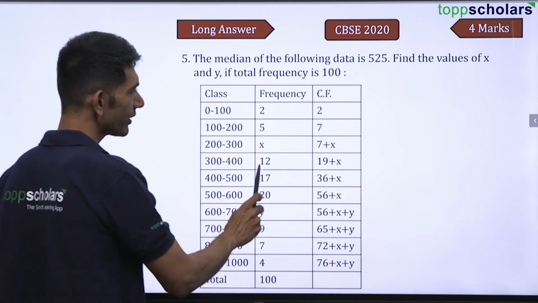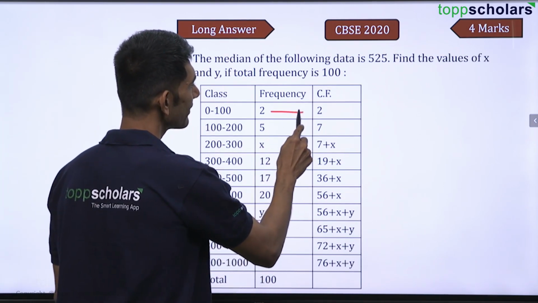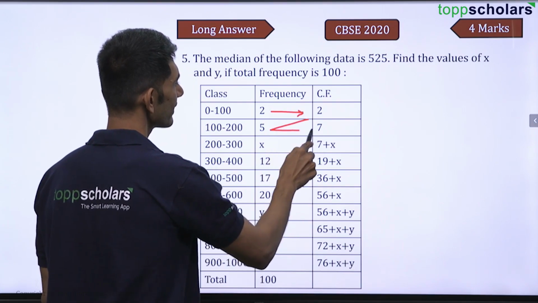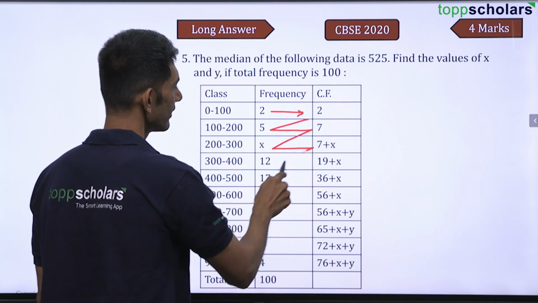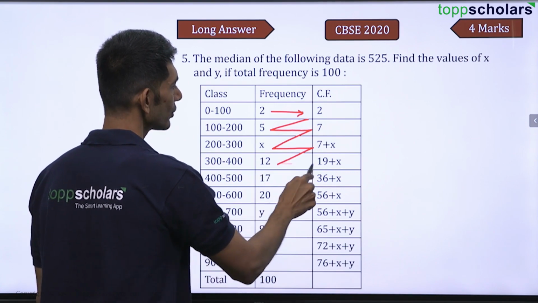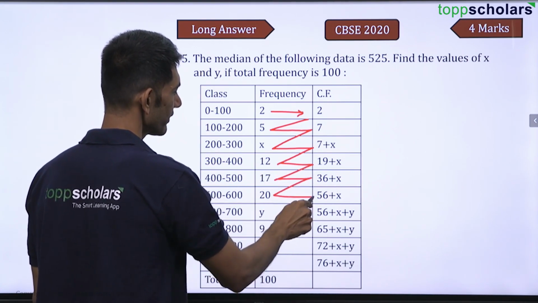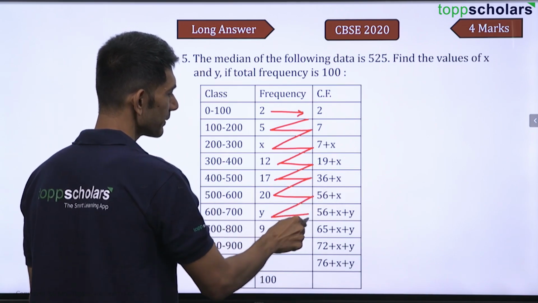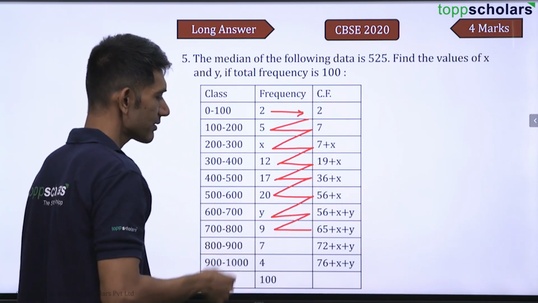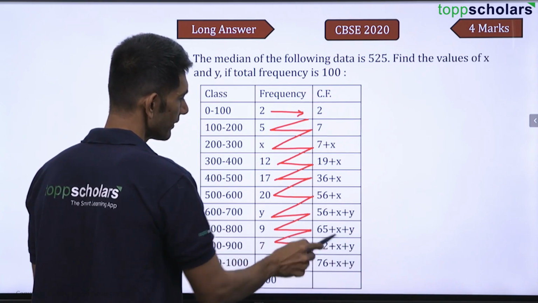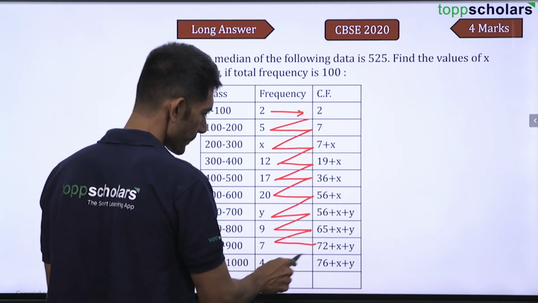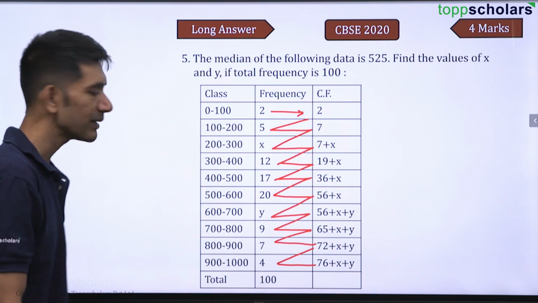So now if you see CF, 2 as it is, 2 plus 5 is 7, 7 plus x, 7 plus 12 is 19, so 19 plus x, 19 plus 17, 36, 56, 56 plus x plus y, 65 plus x plus y, 72 plus x plus y, 76 plus x plus y.